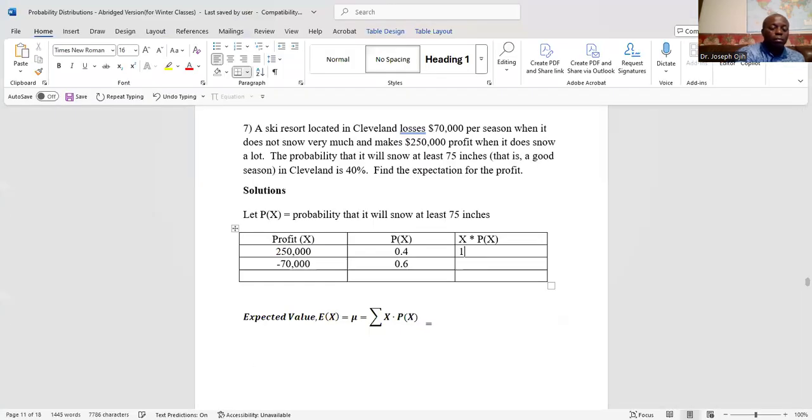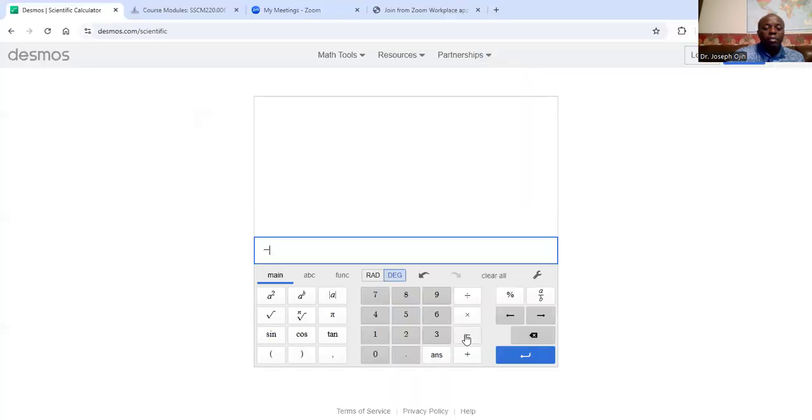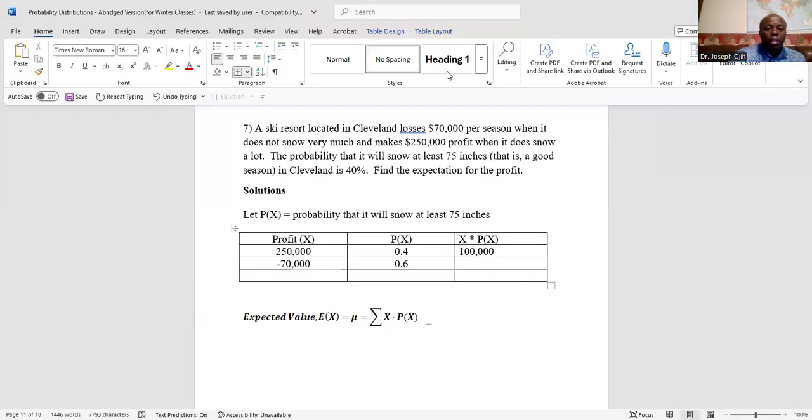If it doesn't snow a lot, you have negative 70,000 times 0.6, which is negative 42,000.